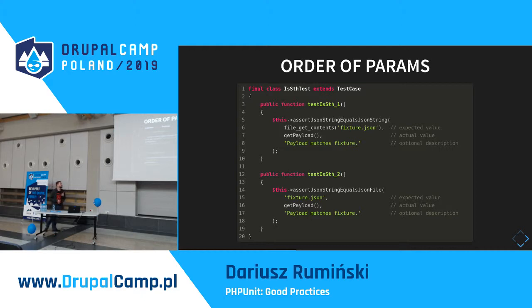Maybe if the assertion is not fulfilled, we will get a not-so-handy error message because the values will be reversed, but it's going to work. But remember that there are assertions that actually rely on the order. For example, if you try to read from a file and we reverse the order of parameters, it would try to read from the file that is actually provided as JSON, so it will not find it on the drive, it will blow up. So just as a best practice, always put the expected value first.